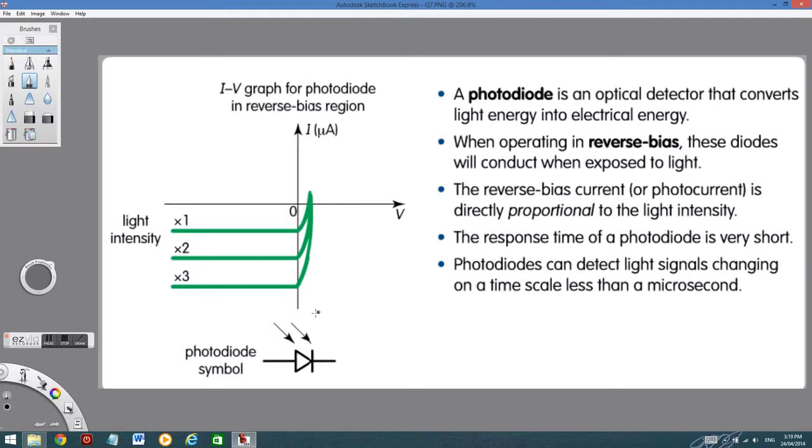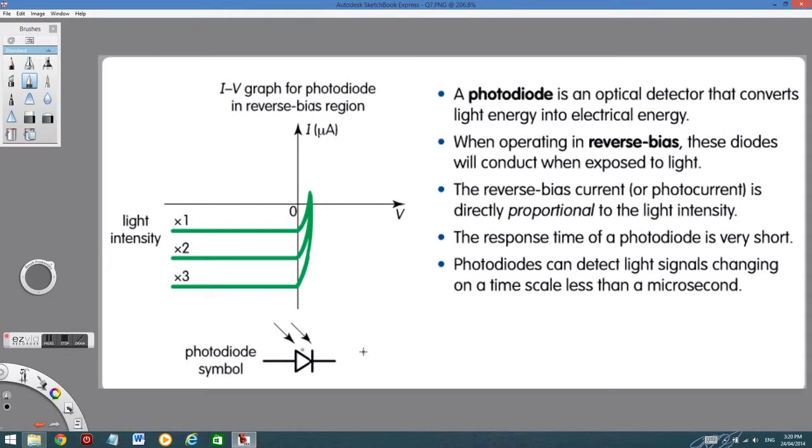So for photodiodes, it basically controls the current. When the light intensity increases, the current through the diode increases, regardless of the resistance, regardless of what's happening elsewhere in the circuit.